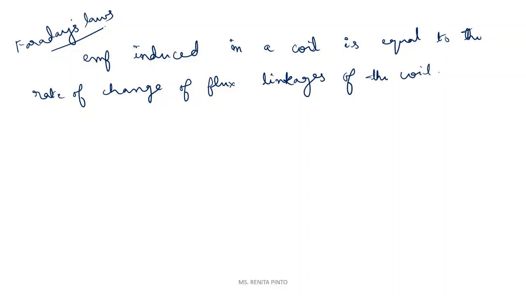So the instantaneous EMF, that is E, induced in the coil can be calculated as minus d by dt of flux linkages.